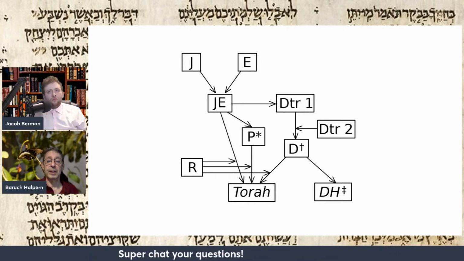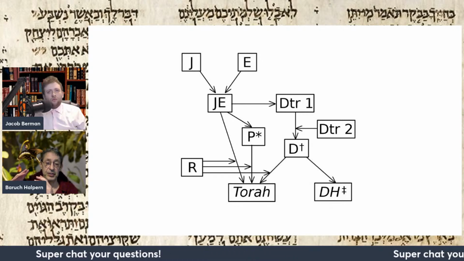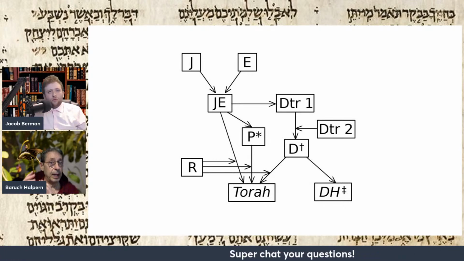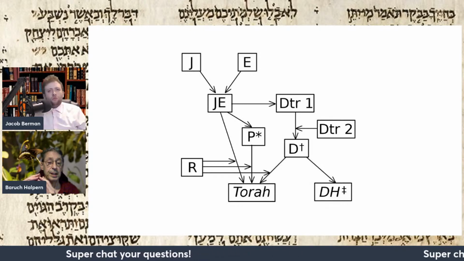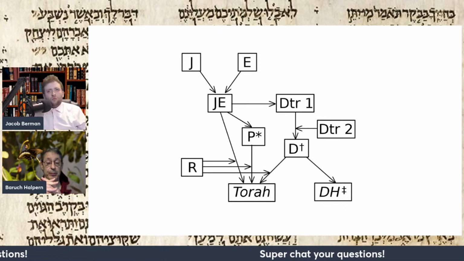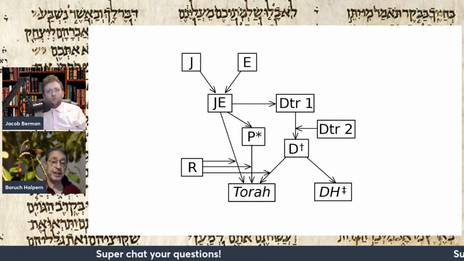And so he's tried, and now many people, with different models as well, are trying to see how the first nine books of the Bible were assembled, not just the first five books of the Bible. And the linchpin is clearly Deuteronomy.